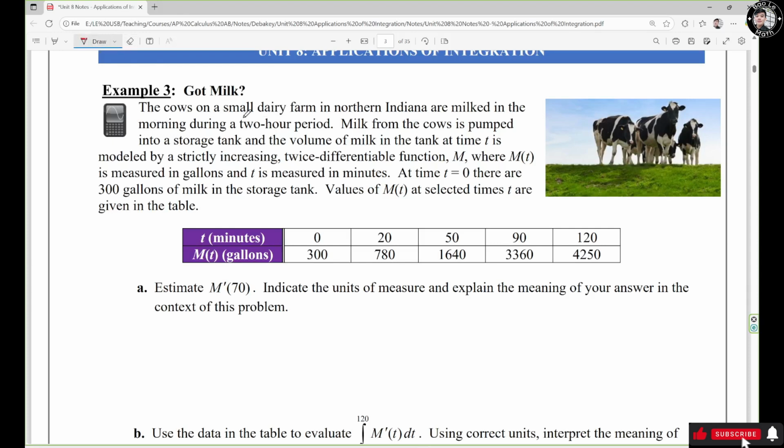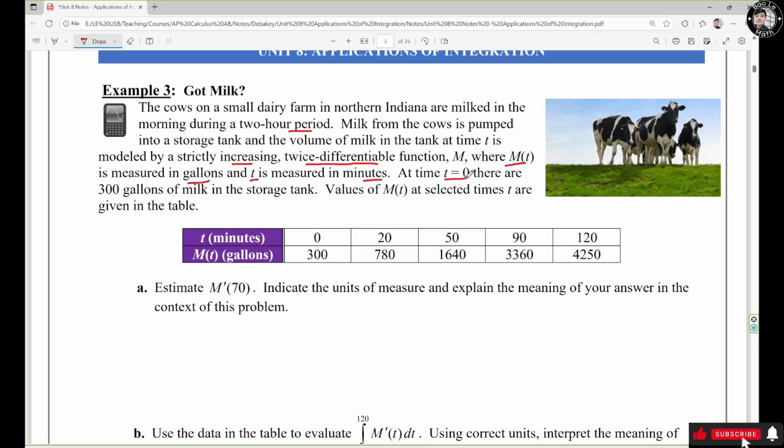The cows on a small dairy farm in northern Indiana are milked in the morning during a 2-hour period. Milk from the cows is pumped into a storage tank, and the volume of milk in the tank at time t is modeled by a strictly increasing twice differentiable function m, where m of t is measured in gallons and t is measured in minutes.